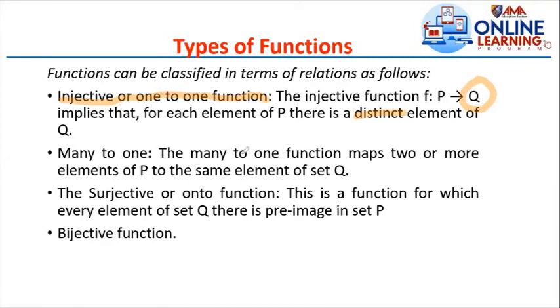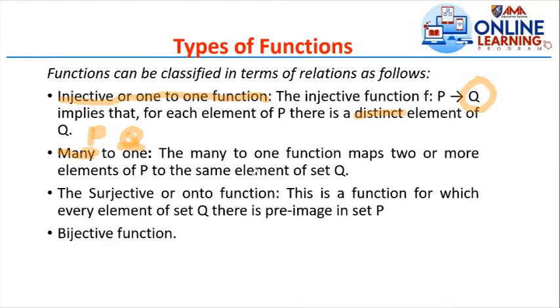So itong many to one, the many to one function maps two or more elements of P to the same element of Q. Okay, so kumbaga, ang many to one, since nauna yung many dito, so yung mga elements ni P, kumbaga, maraming elements kay P na connect dito sa isang element ni Q. Okay, kaya same element of Q.